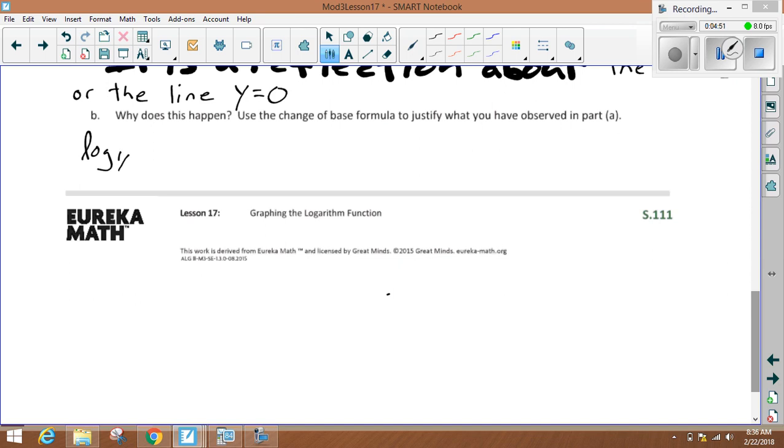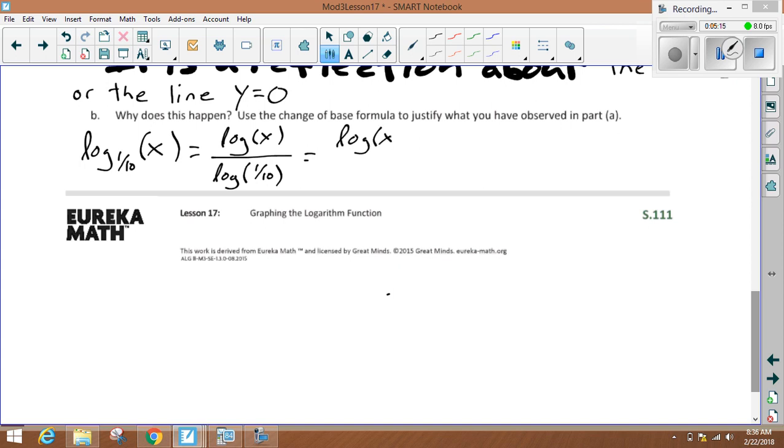So log base 1/10 of x. Let's go ahead and write that as a log base 10 logarithm. So that would be log base 10 of x divided by log base 10 of 1/10. Well, what's going on here?